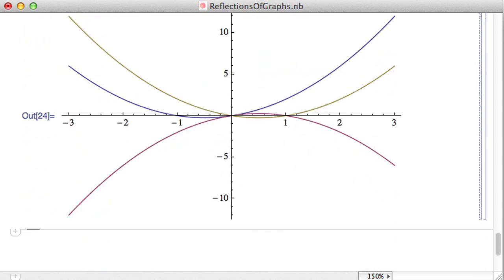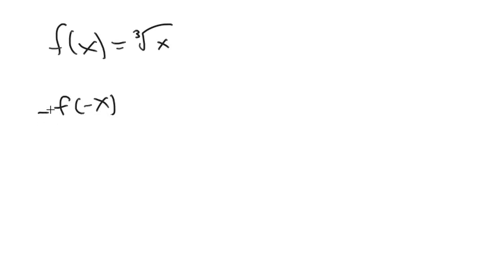Well, let's look at a famous function that is odd, and that's the function f of x equals the cube root of x. Whoops, not the square root of 3, but the cube root of x. This function is odd because when I go minus f of minus x, I get minus cube root of minus x.